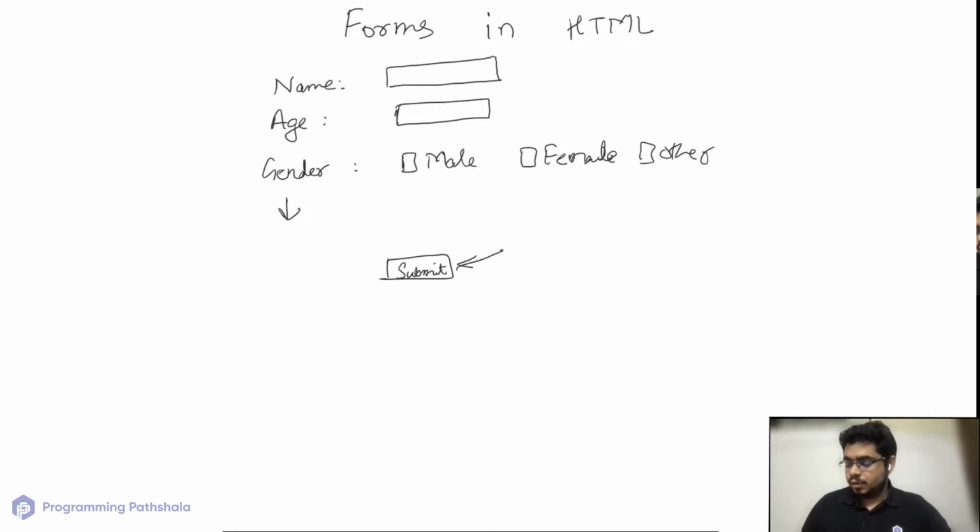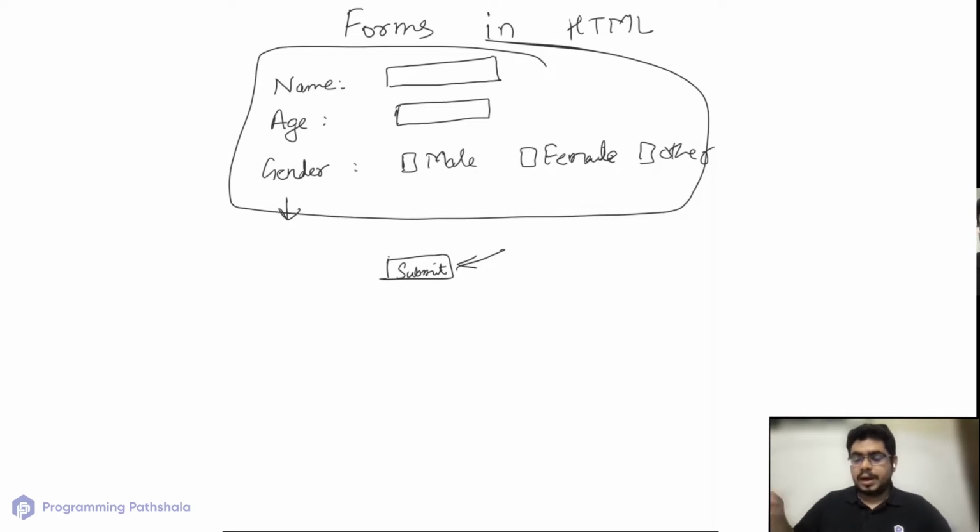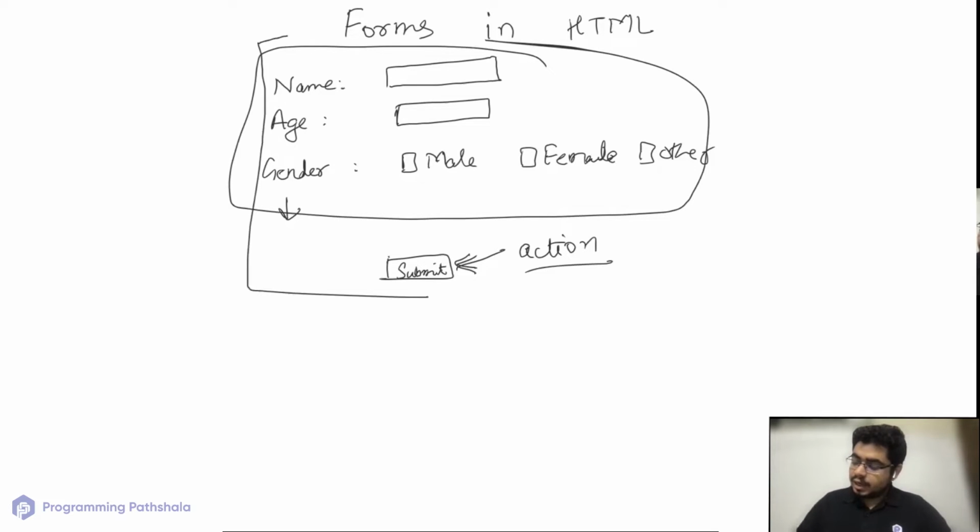Now that action could be that your data is being sent somewhere. It might be to an email, or whatever could be the thing that is happening on clicking this submit. But essentially, there would be an action associated with submission of this form. So how to create something like a form in HTML?